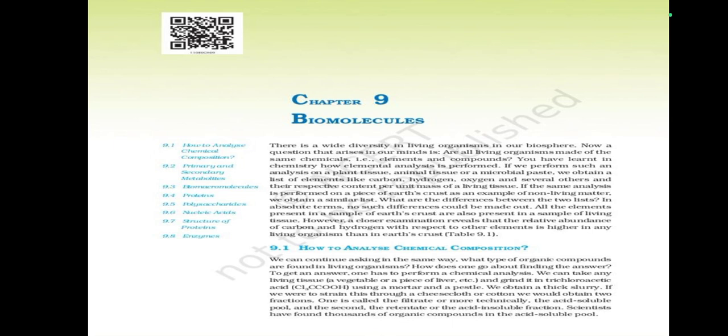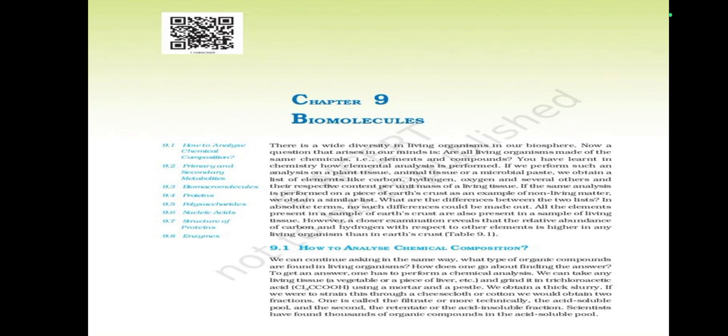We can take any living tissue, or vegetable, or piece of liver, etc., and grind it in trichloroacetic acid using a mortar and a pestle. We obtain a thick slurry.